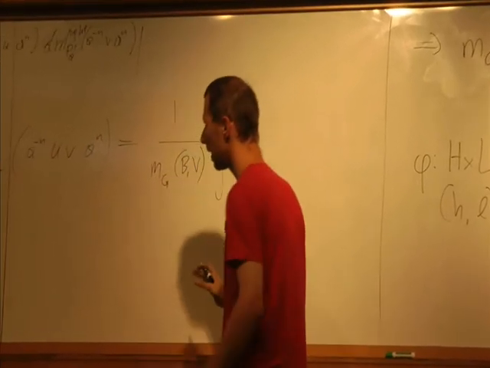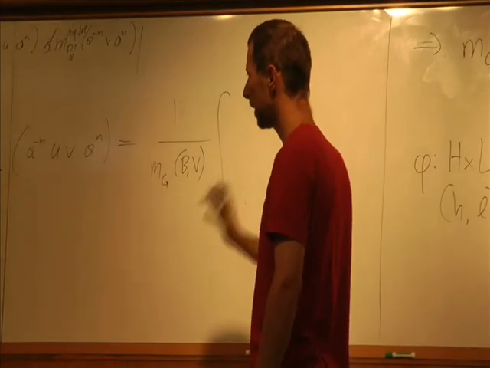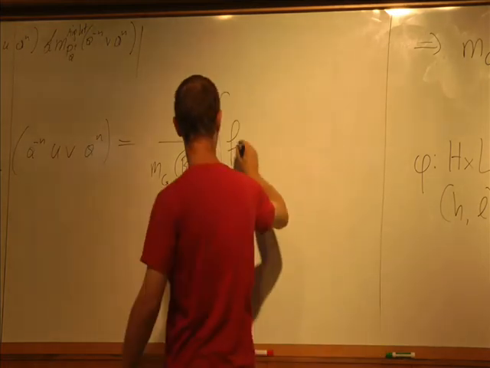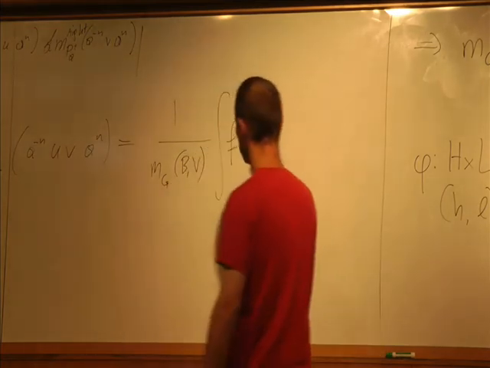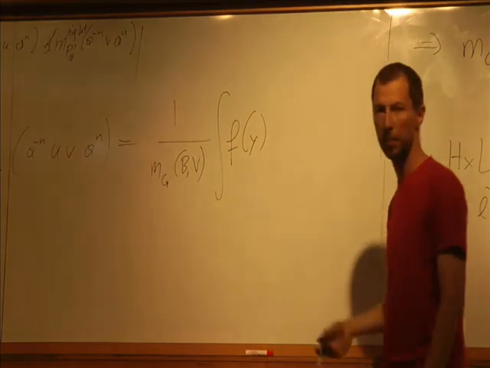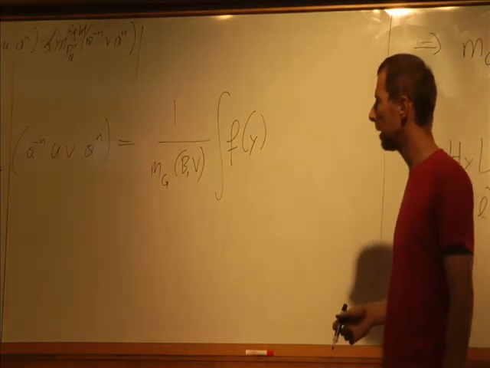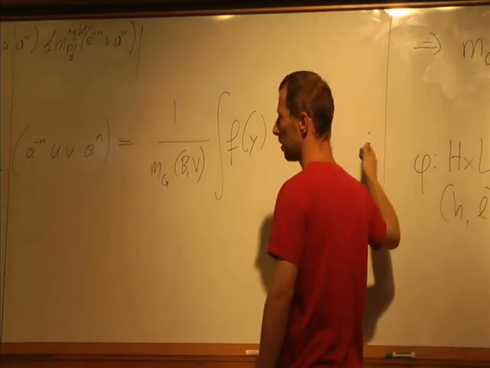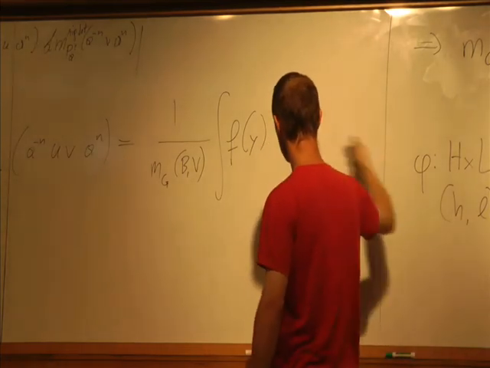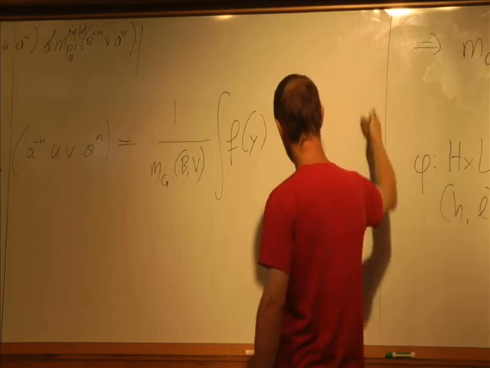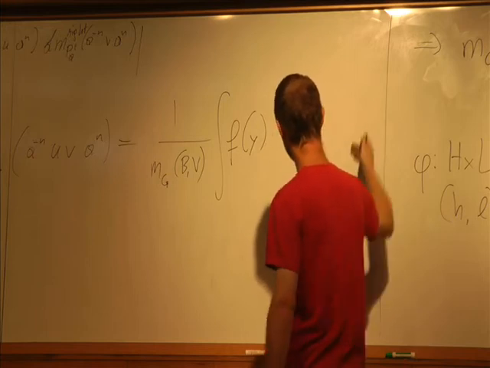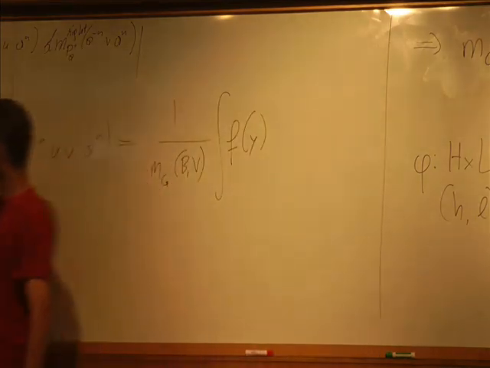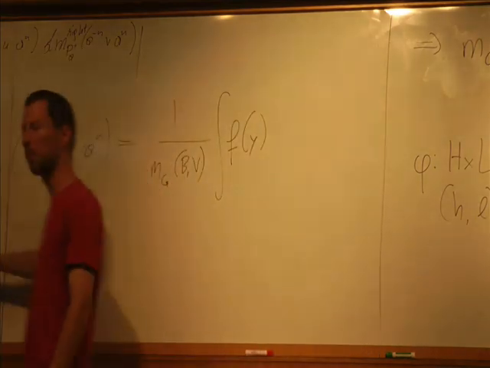I want to write this now as an inner product of the function f, where I integrate over y, and a characteristic function of a set. And I will match my characteristic function of the set here with what I see here in the integration.